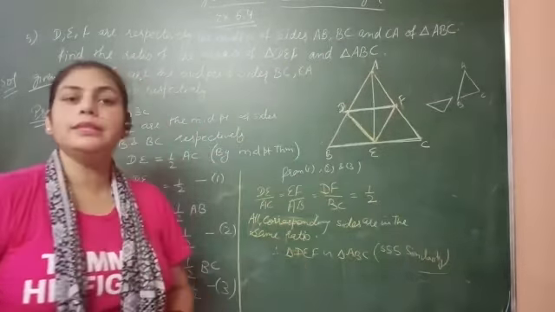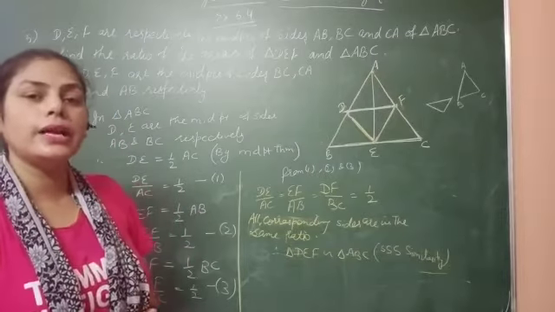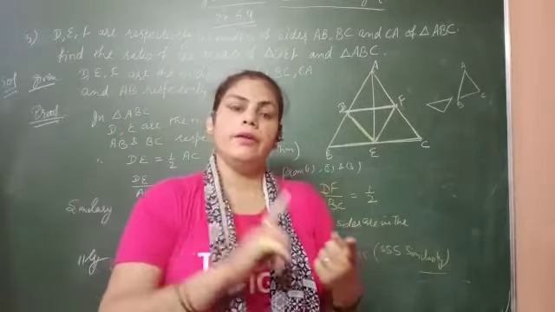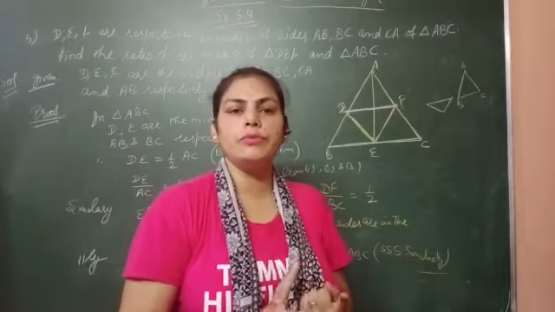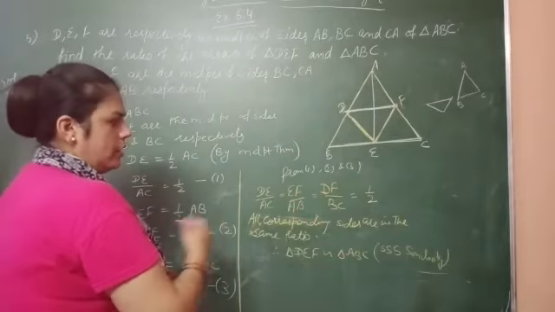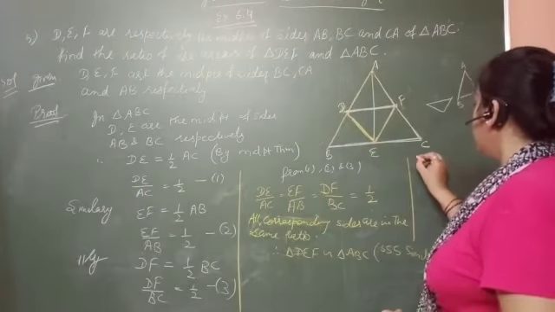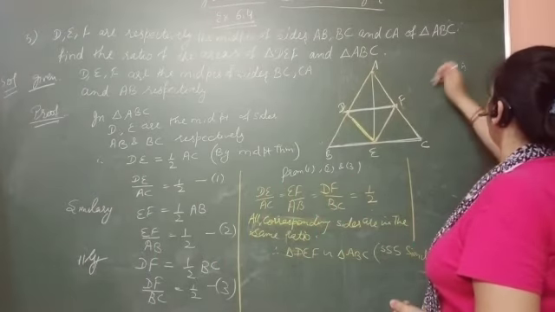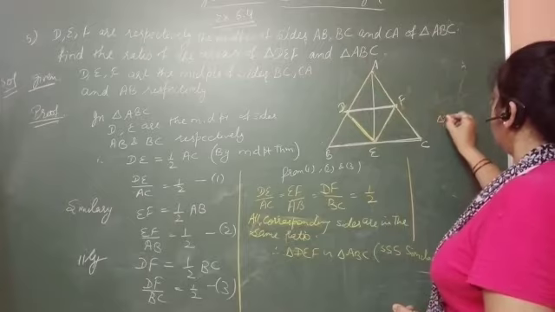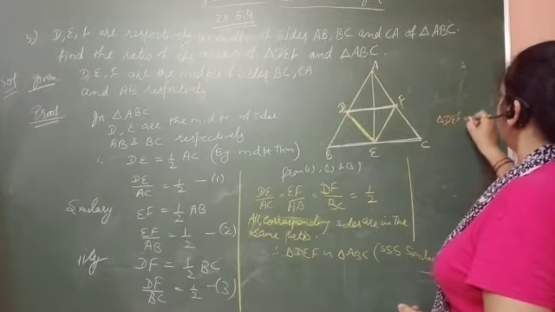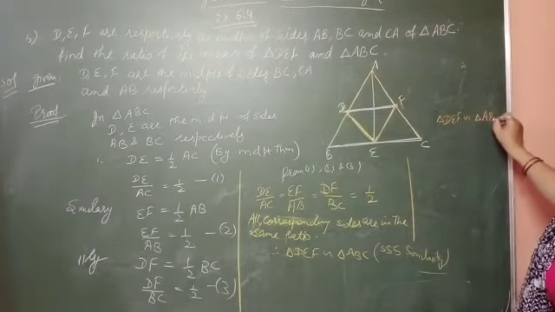Now we have proved the triangles similar. Now the ratio of areas of similar triangles is equal to what? The ratio of squares of their corresponding sides. Now these two triangles are said to be similar, so triangle DEF is similar to triangle ABC. Clear?